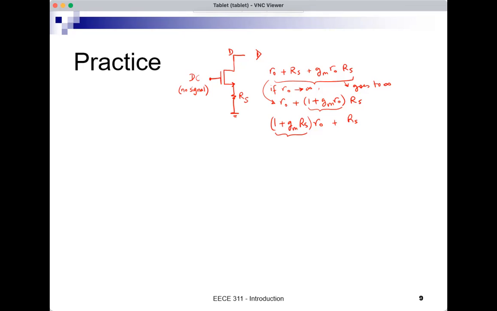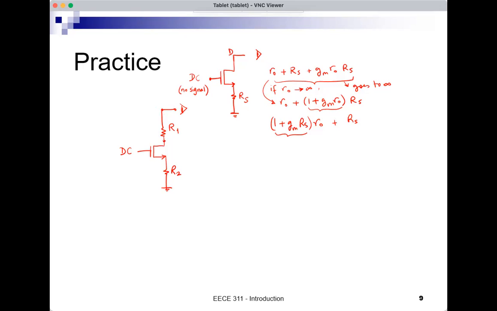So let's apply this rule in some other situations. Let's consider a situation like this. I'm looking into this node with a resistor here, R1, a resistor here, R2, and some DC level here at the gate. What is the resistance that I see now here at this node? Well, this node is definitely not the drain of the MOSFET.